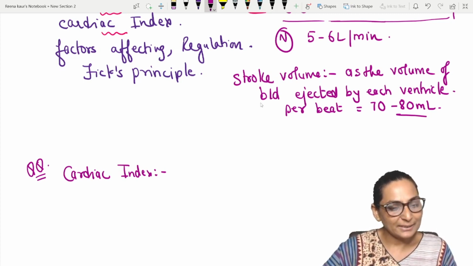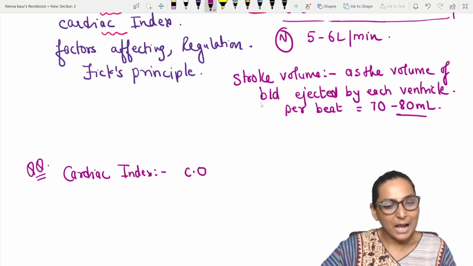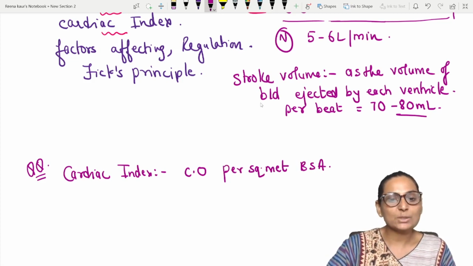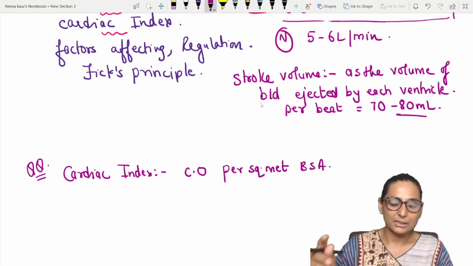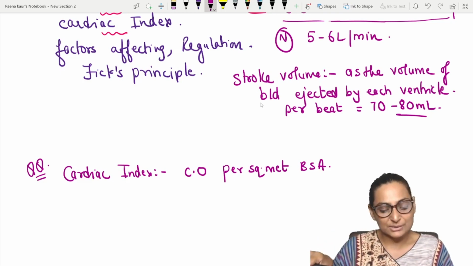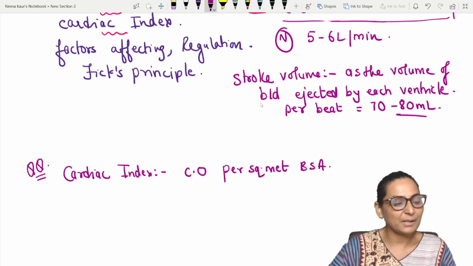So cardiac index is cardiac output per square meter of body surface area. When you take the cardiac output and also consider the body surface area, it becomes cardiac index. How do you obtain this?